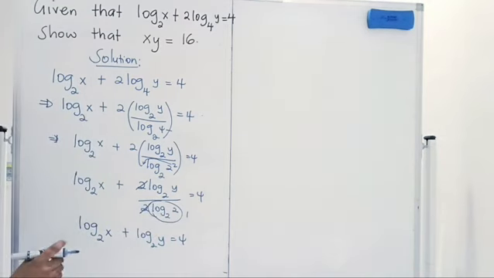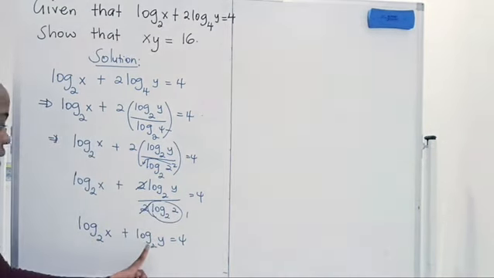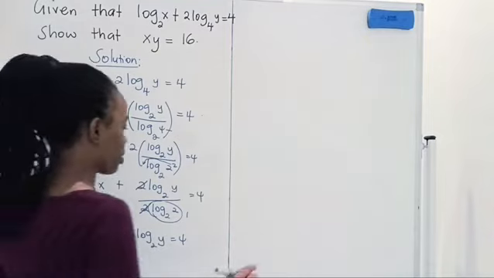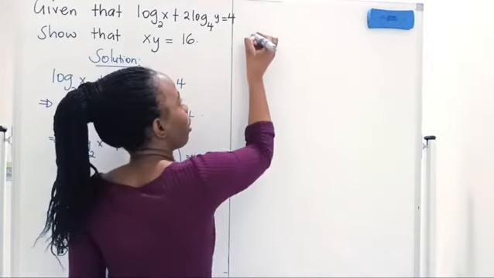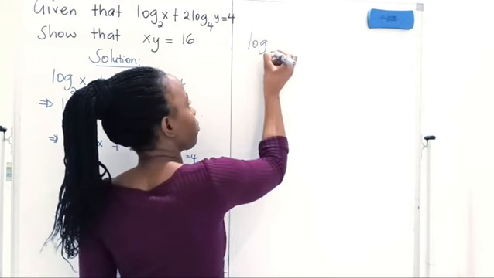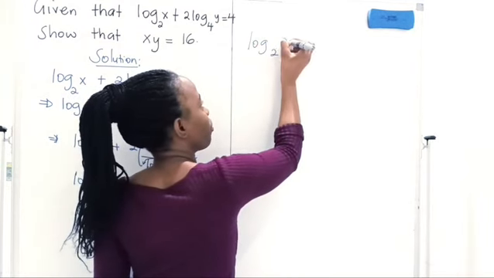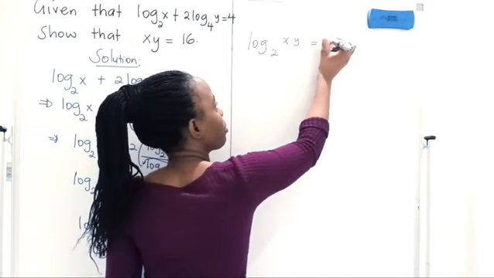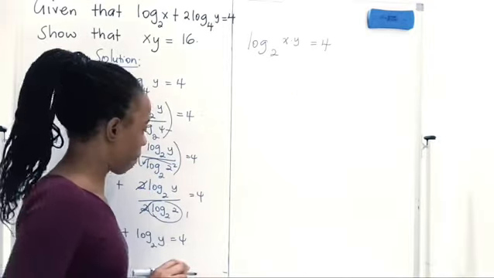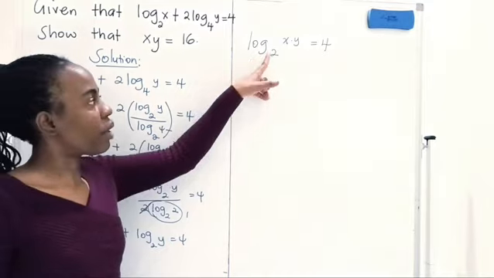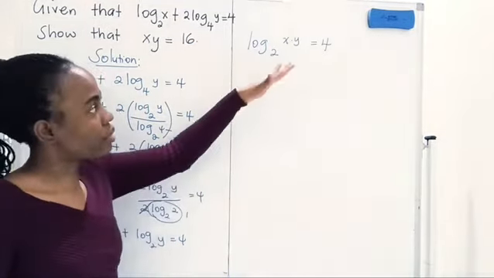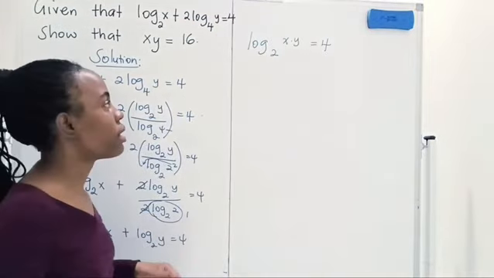Now we recall that whenever you have the same base and there is a plus, you multiply the values. So I will have log 2 of x times y is equal to 4. Okay? Now we are going to rewrite this as an index, or we are going to take it back to indices.